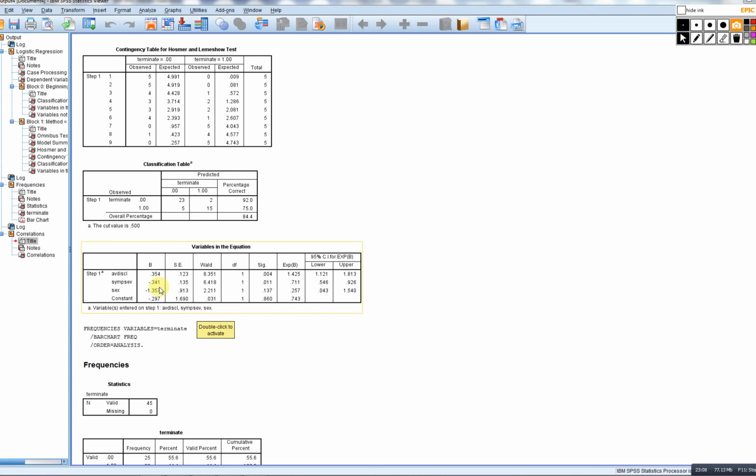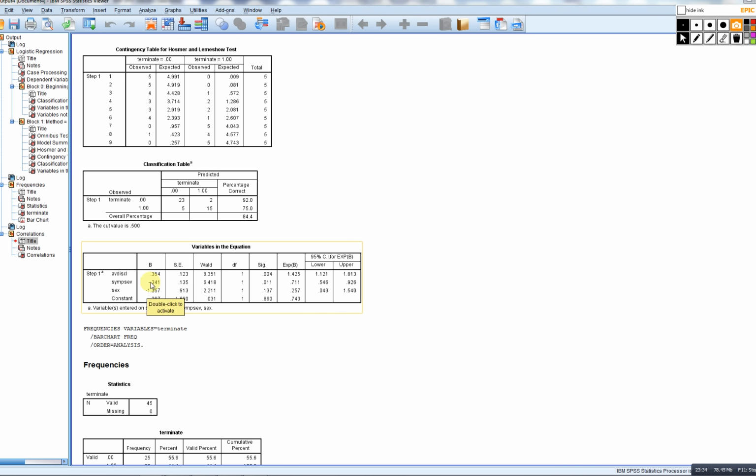A positive value means that as scores increase on the predictor, the probability of falling into the target group coded 1 is increasing.